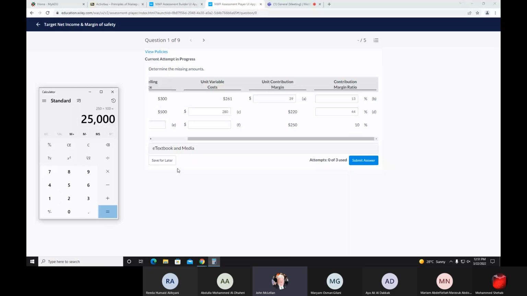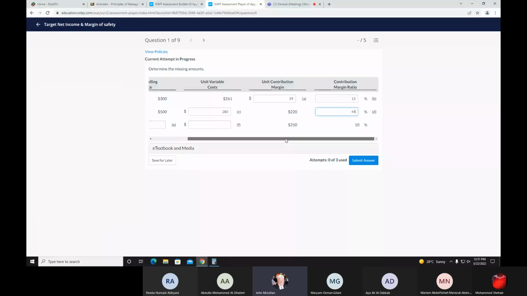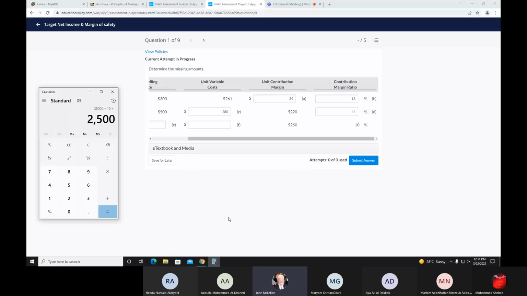Not 23,000, I don't think so. What did you do? It's the contribution margin. What's the contribution margin ratio? 10. Yeah. Divide by 0.10. Remember, it's a percentage.